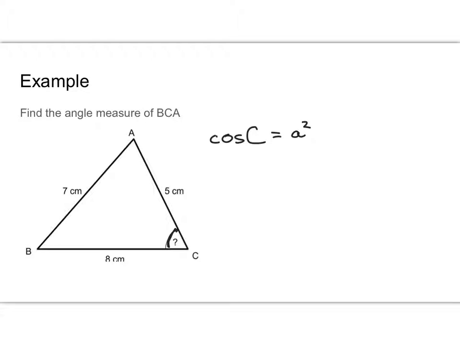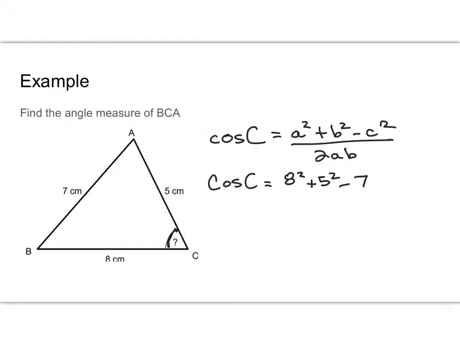So it's going to be a squared plus b squared minus c squared divided by 2 times a times b. I'm going to fill in the values that I know. Cosine of angle C equals 8 squared plus 5 squared minus 7 squared over 2 times 8 times 5.